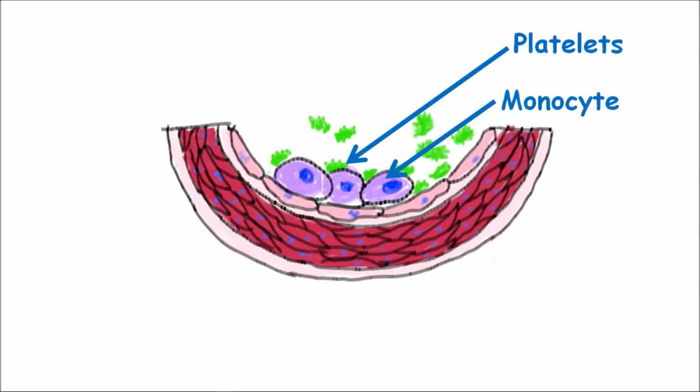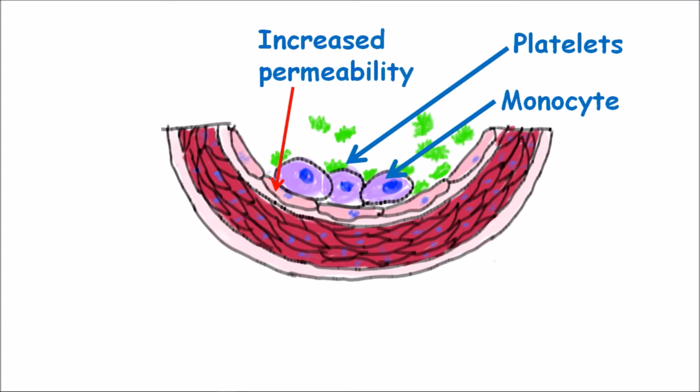Now another thing happens due to the endothelium being injured. There is increased permeability of the endothelium layer. Now, as a consequence of increased permeability of the endothelium layer, what happens next is that the monocytes leak inside the intima.